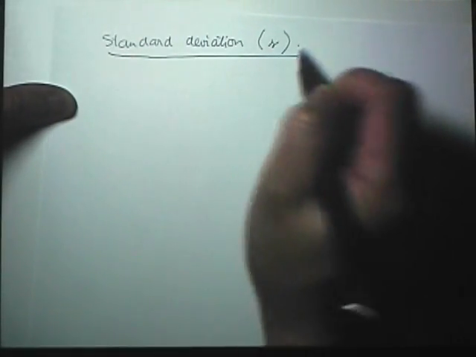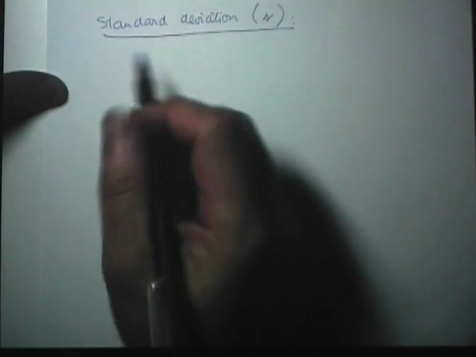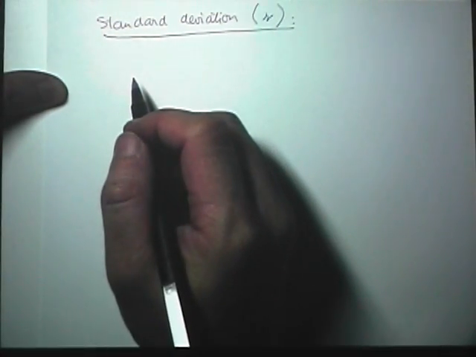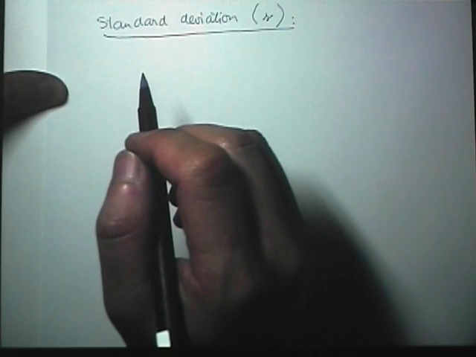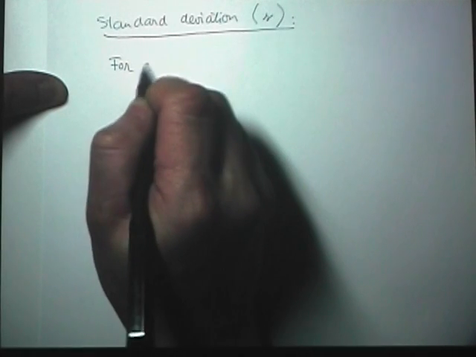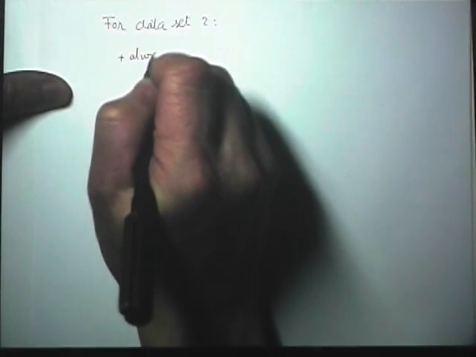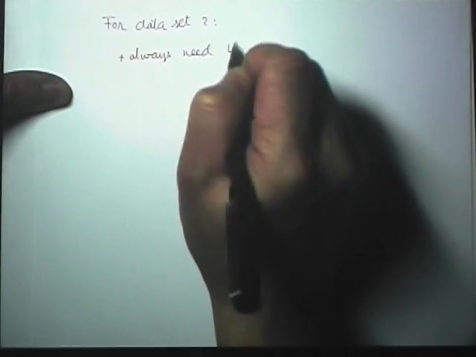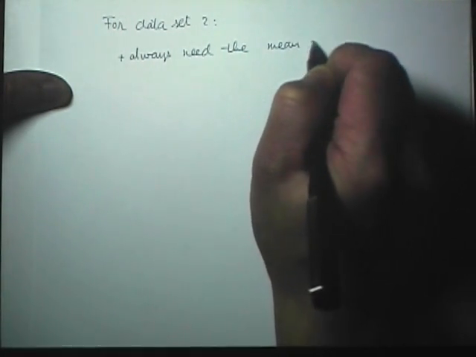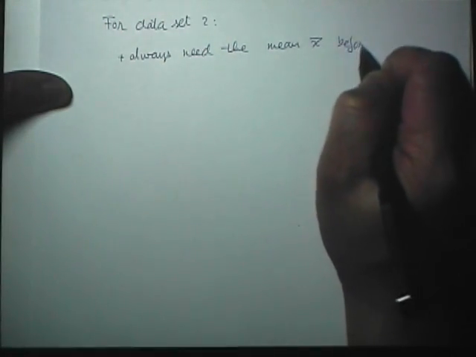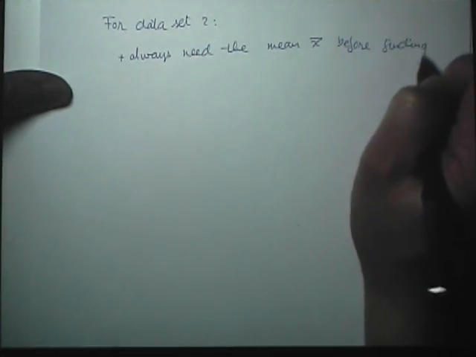So, how do we compute standard deviation? I'm not going to tell you the definition in words, but this is how we do it. For data set number 2, this is what we do right here. First of all, I always need the mean, x bar, before finding standard deviations.